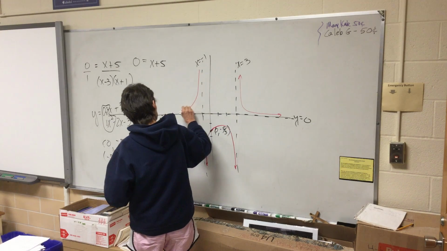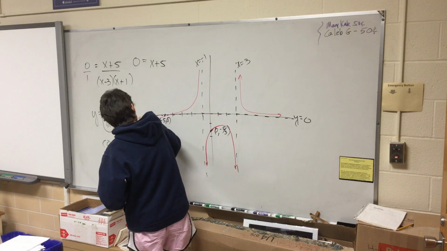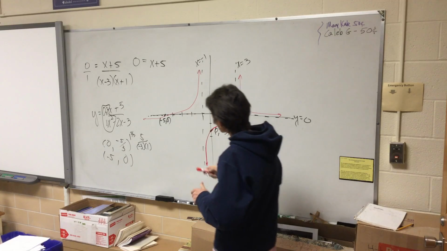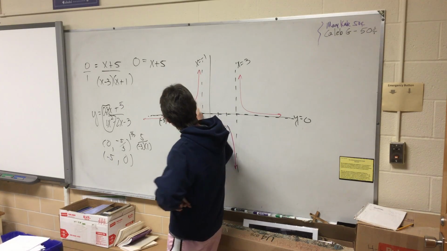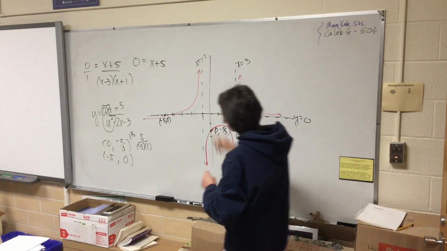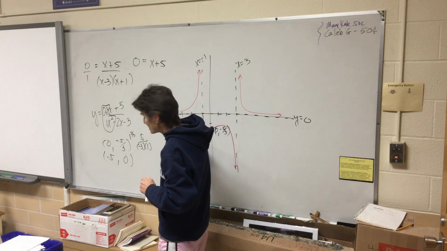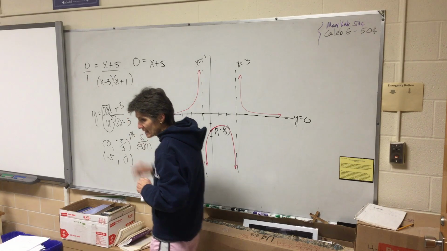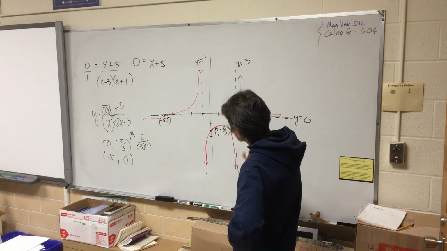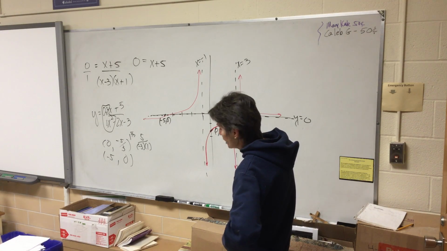Same thing? Yep. And this one is tricky, there's no question about it. Because normally it just follows the line out. This one actually crosses the line and then follows it out.